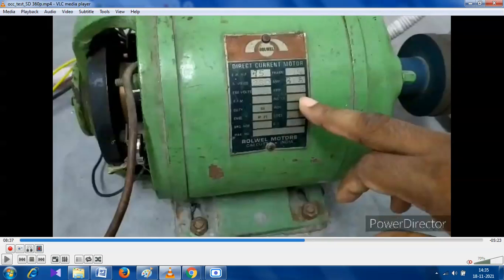Though it is written here as motor, we know in which mode we operate that machine. This is the DC generator because we are operating this machine in generator mode. We are providing the mechanical energy and getting the electrical energy.